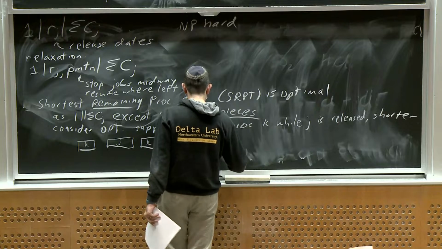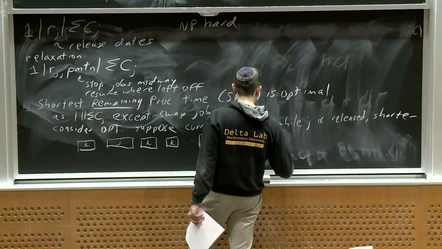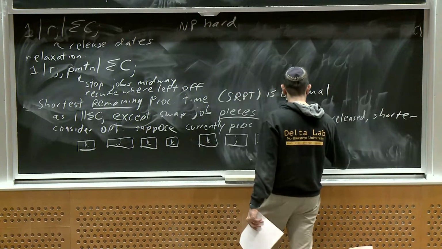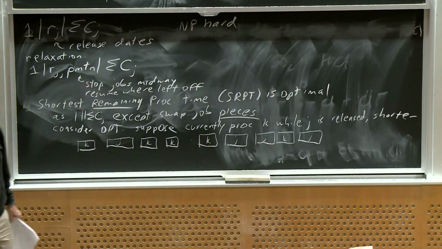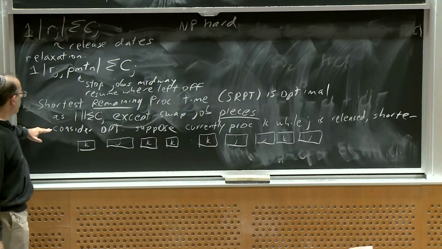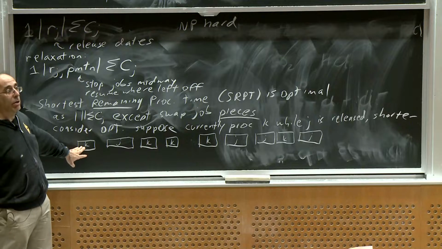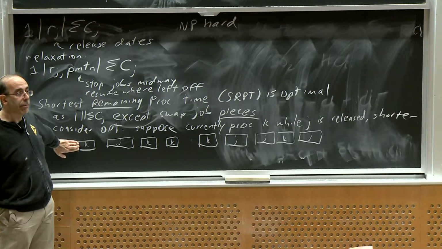We might do a bunch of Ks. Then we do J for a while longer, right? So on and so forth. Okay. And again, because we're assuming that we're not processing the shortest job, we know that job K has a longer remaining processing time at this moment than job J does.